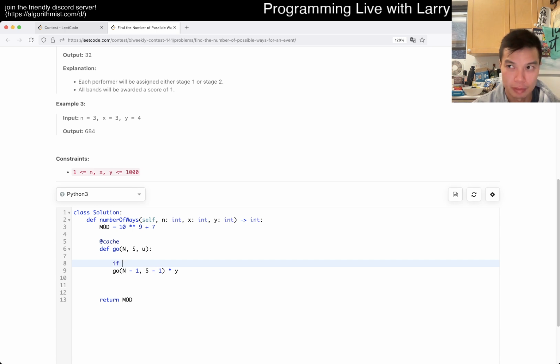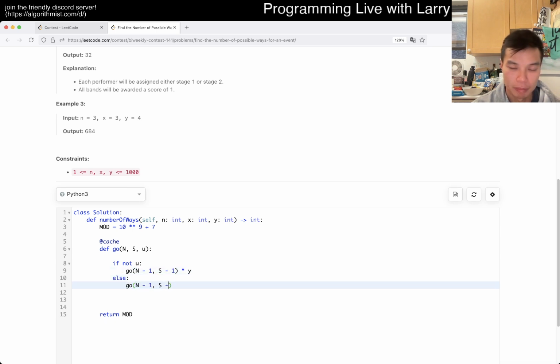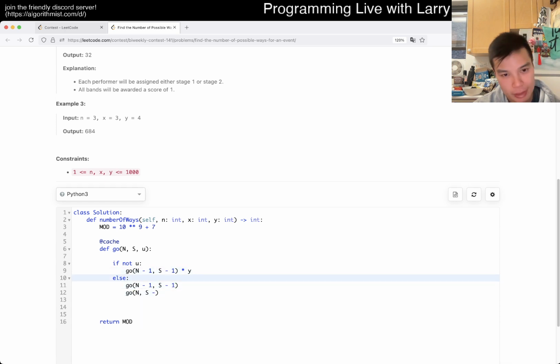If not used, then we can do this. If it is used, then we just maybe take one, and then we also maybe don't take one. Oh no, if it's not used, then we take one, but it's this, for the number of combinations. Yep, okay, and then now this is used, right?